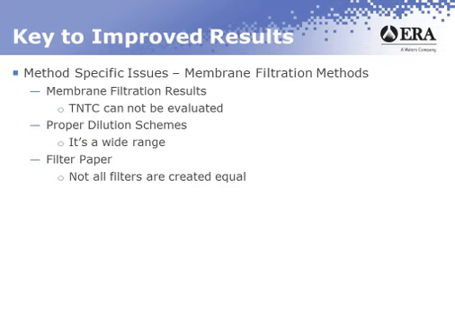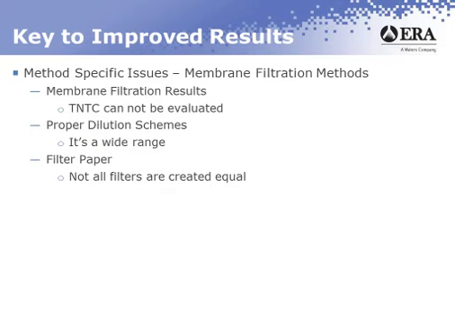Filter paper. Generally, folks are using 47 millimeter diameter filter paper, 0.45 micron pore size. Filter paper can be a real issue for poor recoveries. Generally, when you've got an issue with your filter paper, you're going to see the colony development be out of the ordinary.